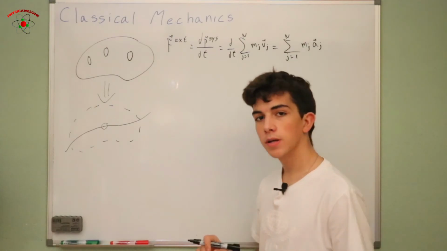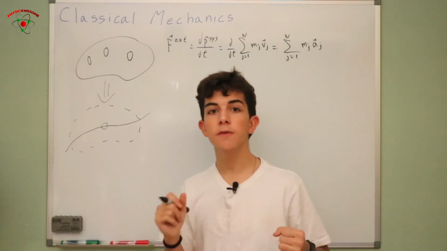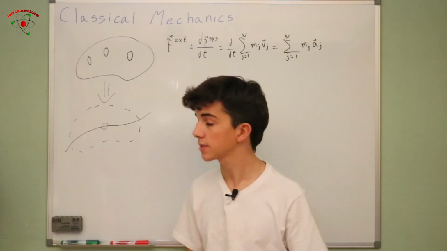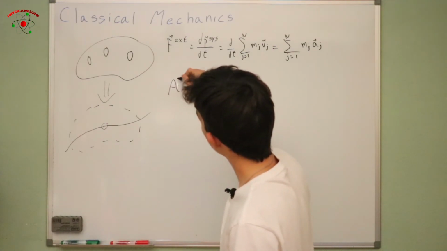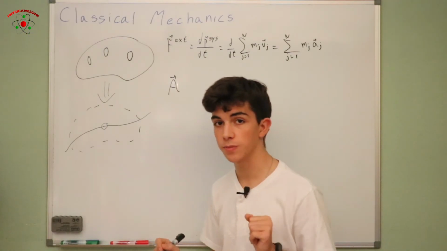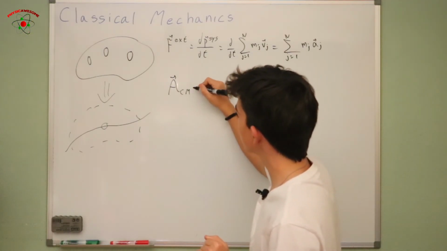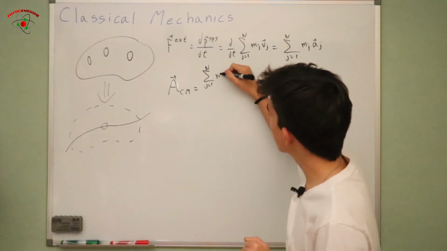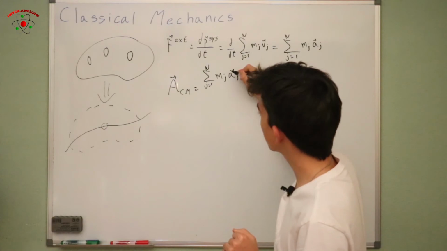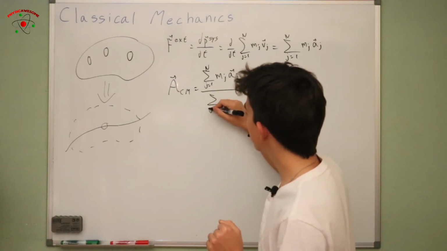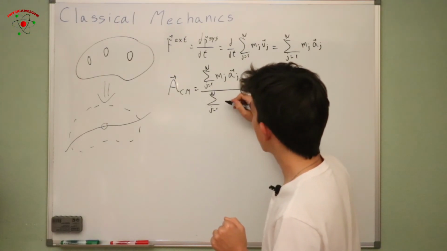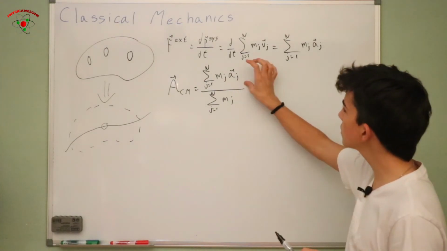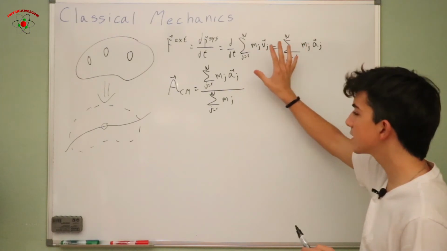And now let's recall the formula we had for the acceleration of the center of mass from a previous segment of this video. This was the sum from j equals 1 to n of mj times aj over the sum once again of mj. But see, these two expressions are really similar.